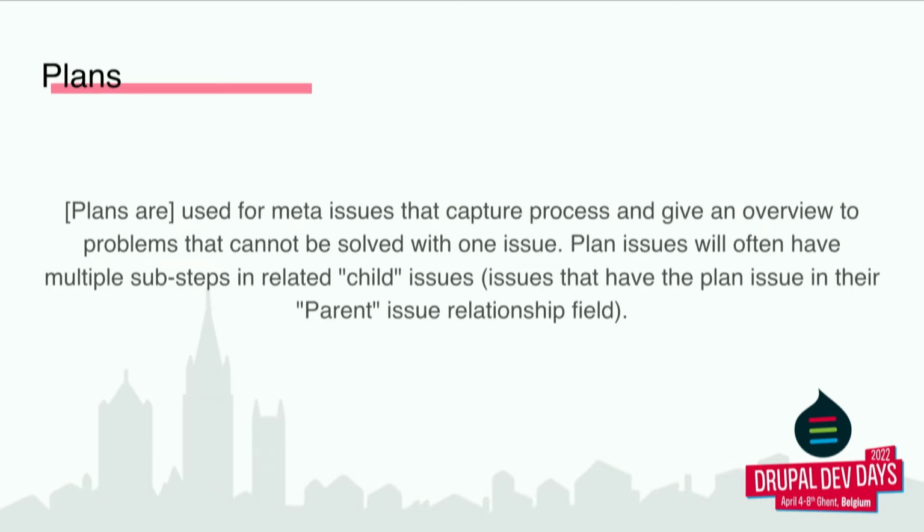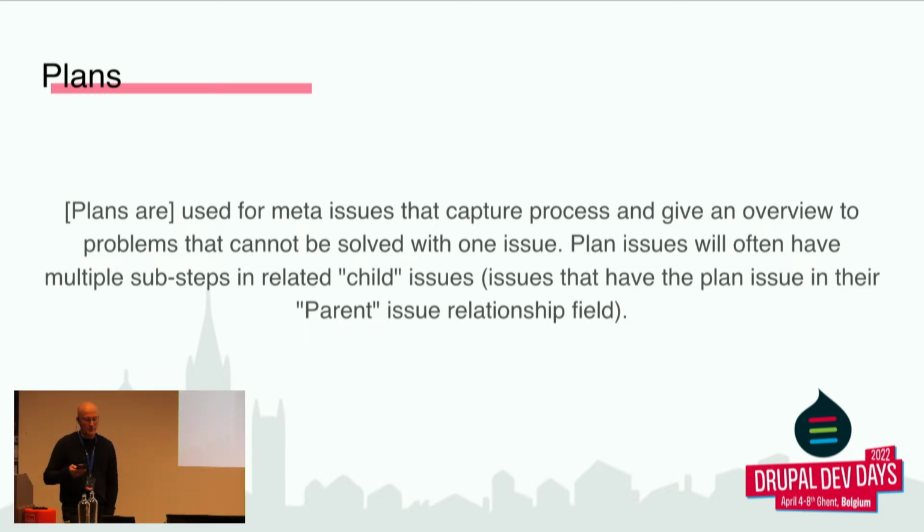And then plans. Those are maybe the least well understood. If you're familiar with something like Jira, you might also be familiar with epics. This is similar. Something that will probably need many more issues than a single one to complete would all be added to a plan.